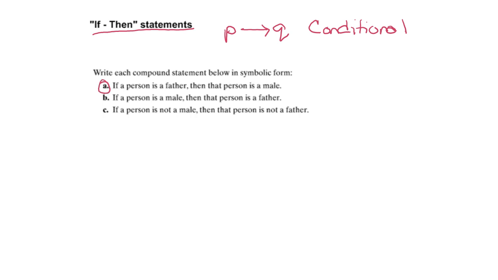So looking at A. If a person is a father, then that person is a male. So before we can understand how to convert this into symbolic form, we need to define our simple statements. So we can say P is going to be a person is a father.